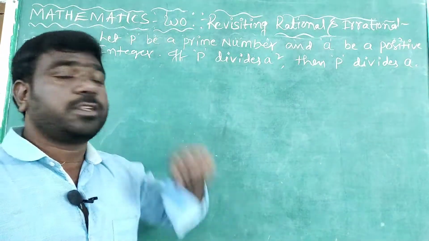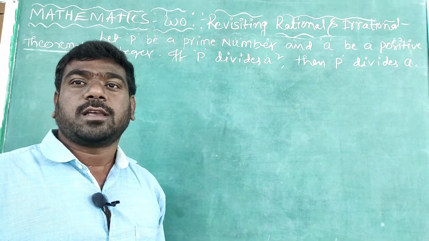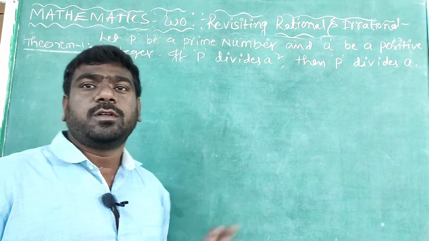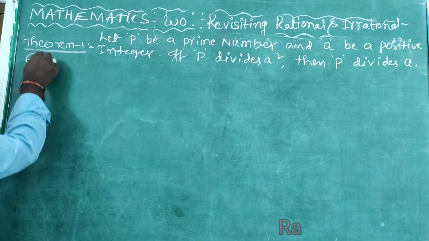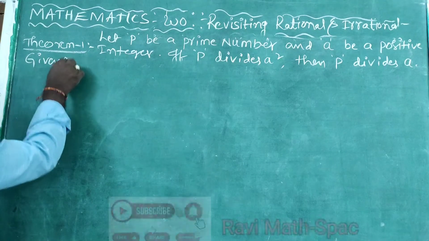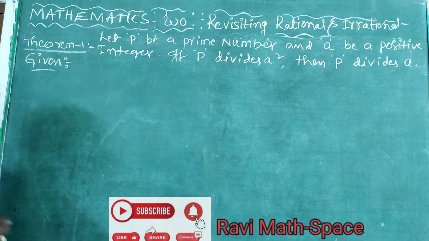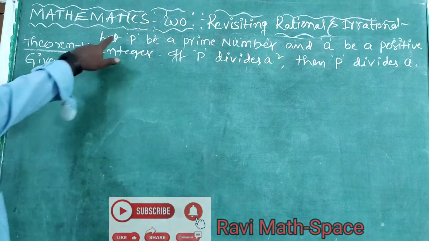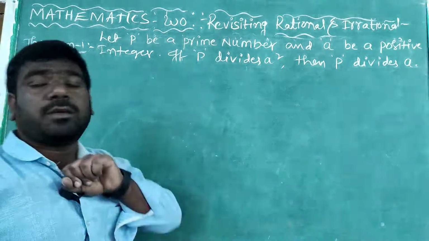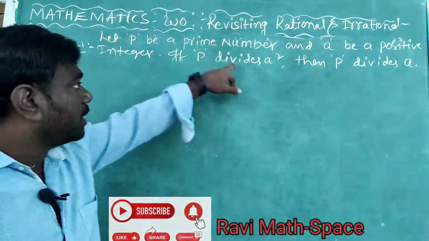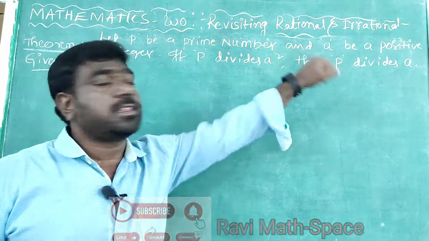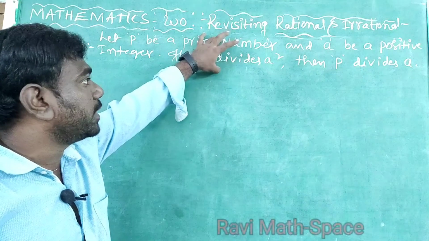What is the theorem here? Let p be a prime number and a be a positive integer. If p divides a square, then p divides a also. Now, how to prove this one? Yes, in a very simple manner we can prove it. First, the given values in the statement. What are the given values here? Let p be a prime number and a be a positive integer. If p divides a square, then p divides a. First the given values, right?